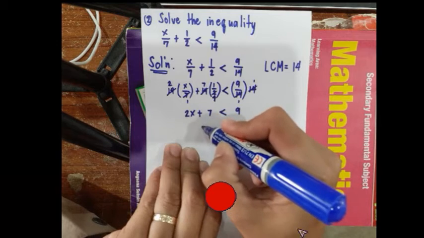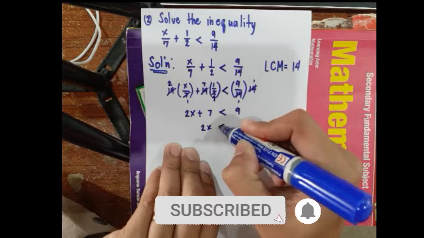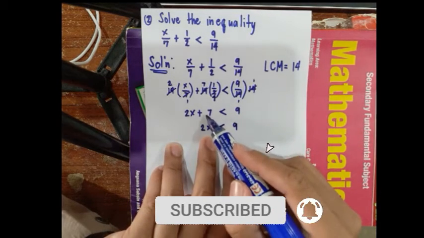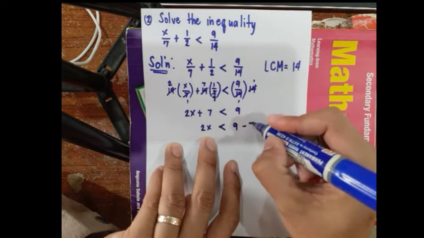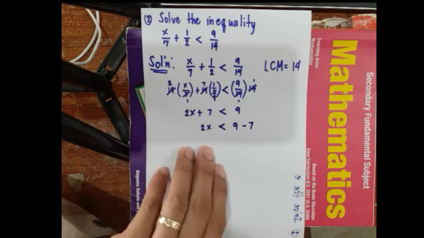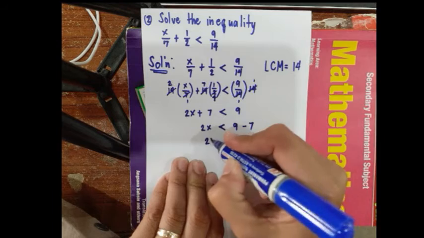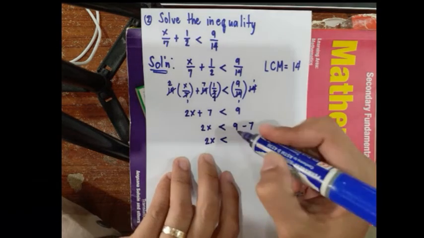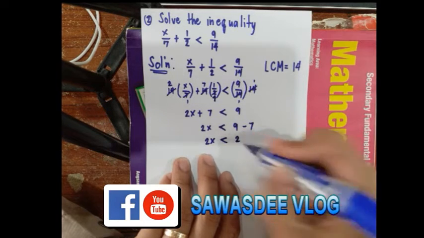So 2x, same symbol, 9 minus 7, which equals 2.